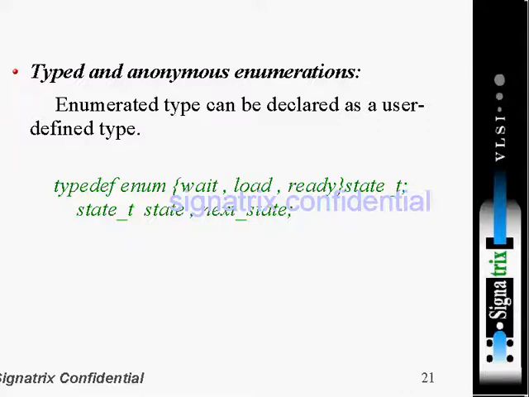A user enumerated type can be declared as a user defined type. That is also possible. We can declare this enumerated data type itself as a user defined data type. How? We have to use the keyword typedef and enum, and we have declared the type name, this is a data type, state_t. Now in the next line we are declaring two more variables, state and next_state, having the data type of this enumerated data type.